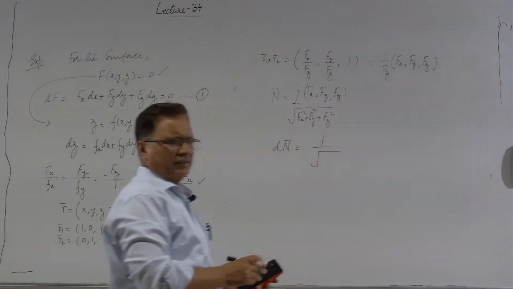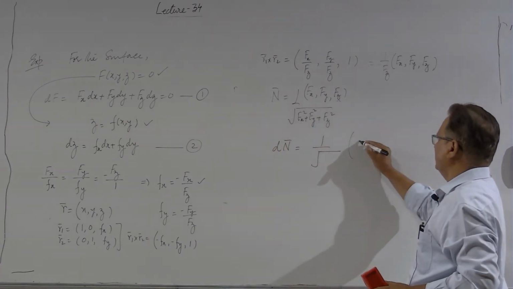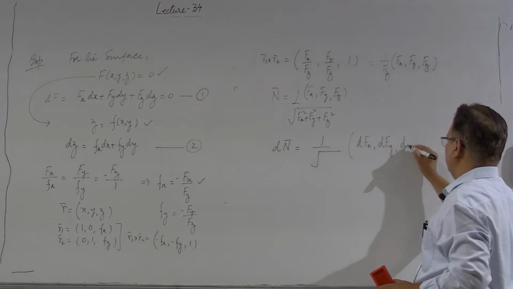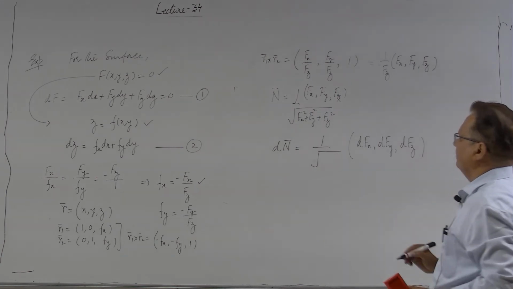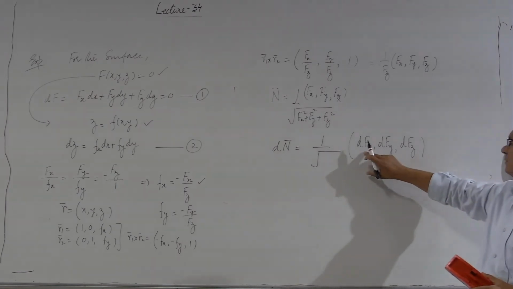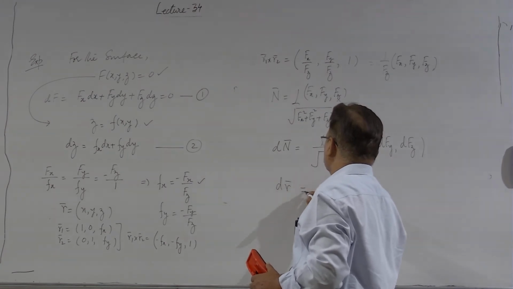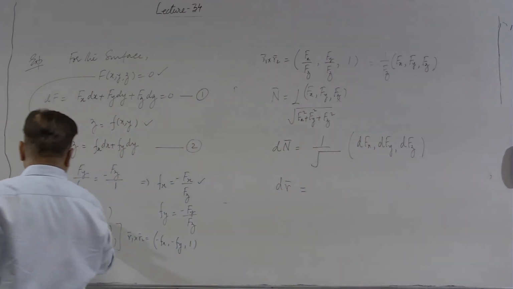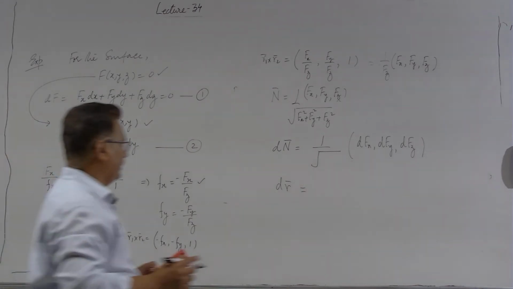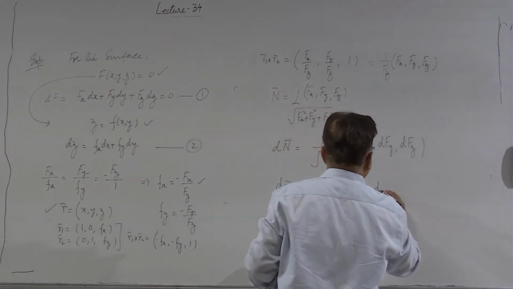Since it is a unit vector, we do not look at this denominator. It will be (dF_x, dF_y, dF_z). Okay. You are differentiating, so these are partial derivatives, and dr I can write down directly from here. So, dr will be (dx, dy, dz).